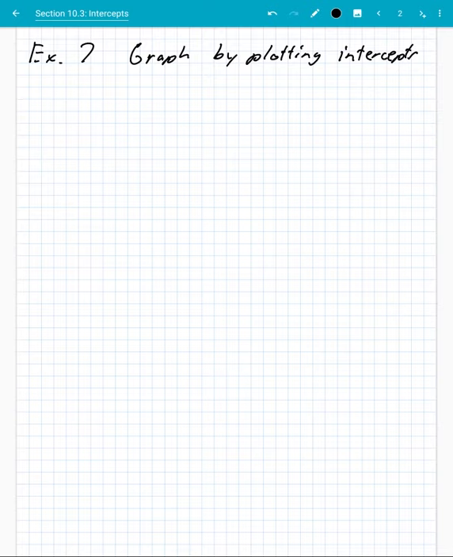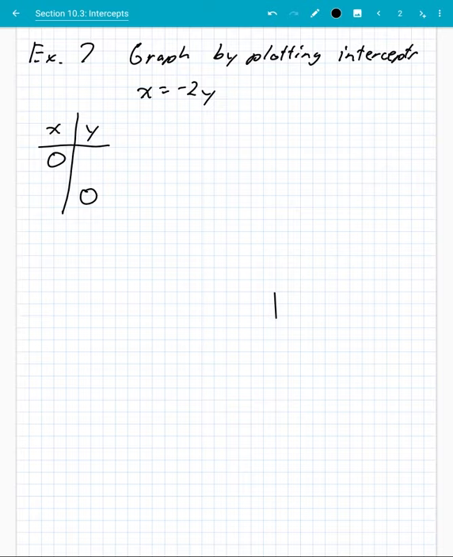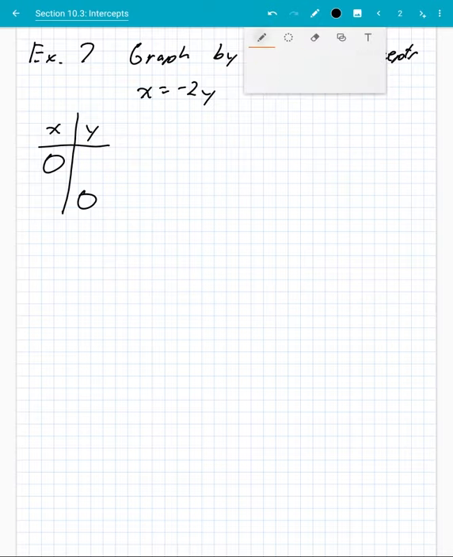And the equation is x equals negative 2y. Let's go ahead and make our t-chart. And again, we want to make x 0 and y 0 for 2 separate points. Each one is going to be 0. Let's go ahead and start solving for each one.